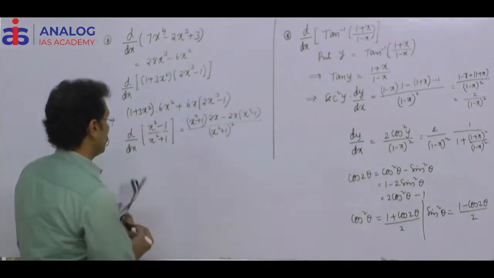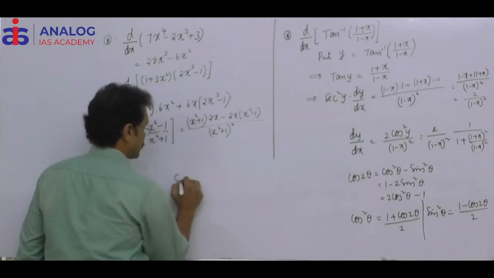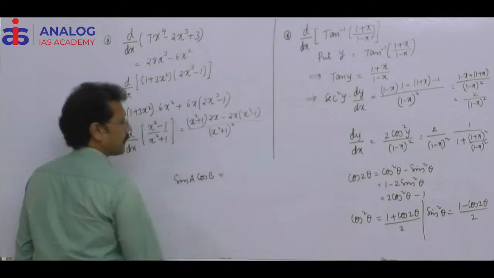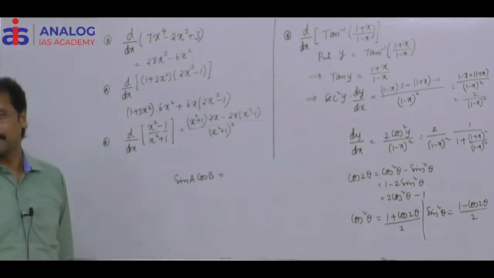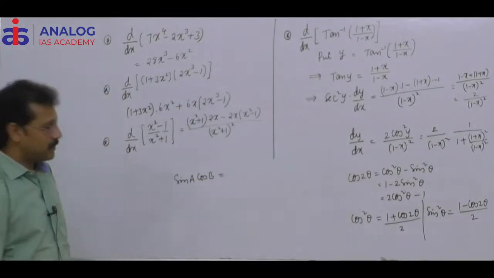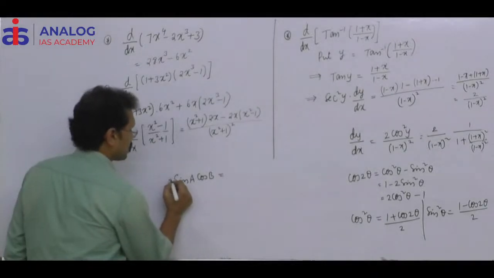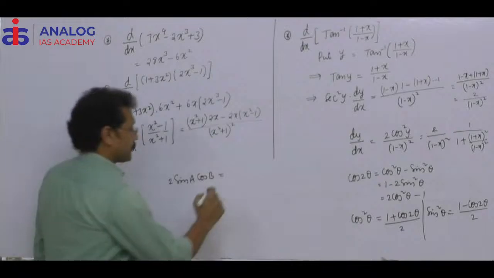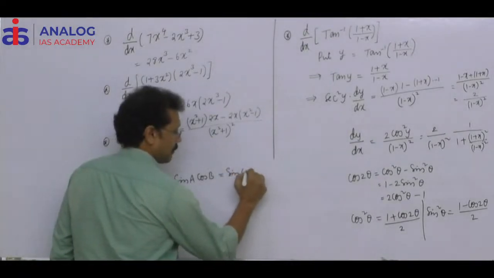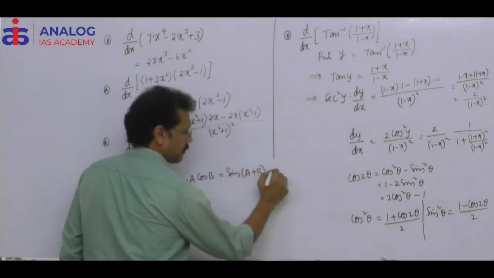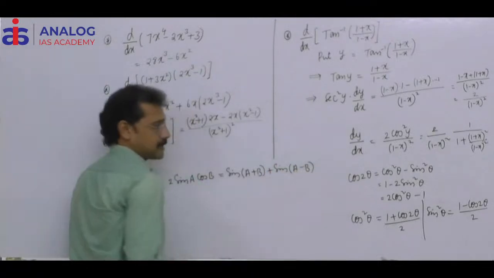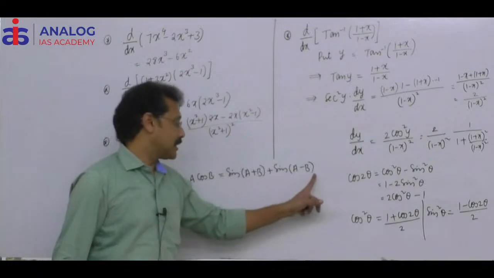Now you tell me what is sin a cos b. Basically 2 sin a cos b we can always get as sin a plus b plus sin a minus b. Sin a plus b plus sin a minus b is 2 sin a cos b.